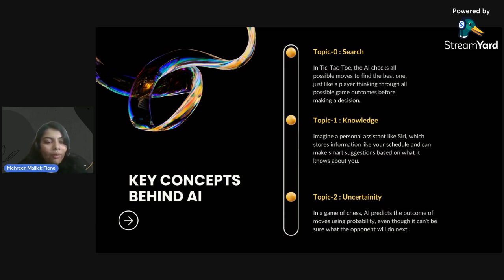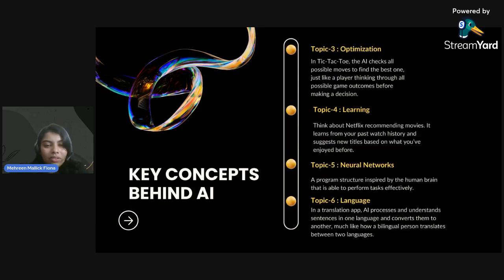We are going to know about the manual or blueprint, or something similar, you can say anything. So let's say key concept behind AI, how the AI is making it happen. So we are going to know about six topics, as you can see.